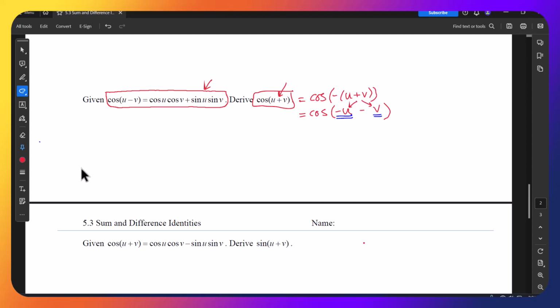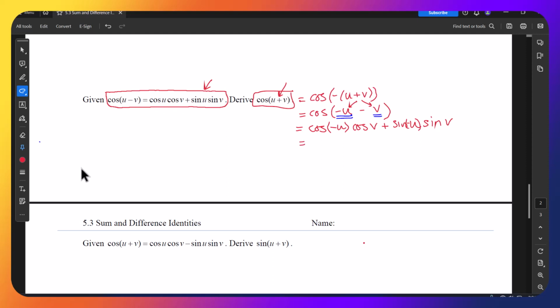Now we can apply the cosine of a difference identity, so it's going to be cosine negative u cosine v plus sine u sine v. Sorry, should be sine negative u sine v.